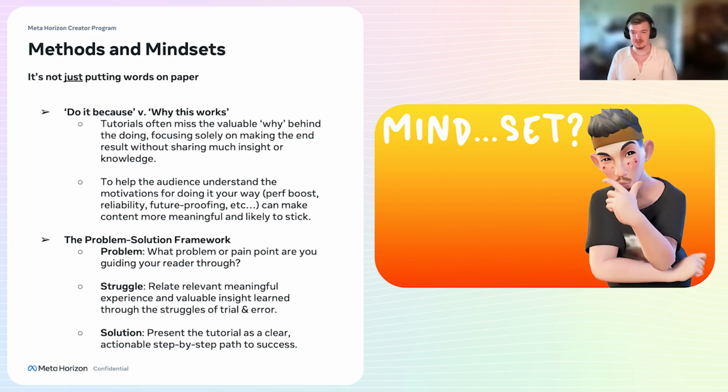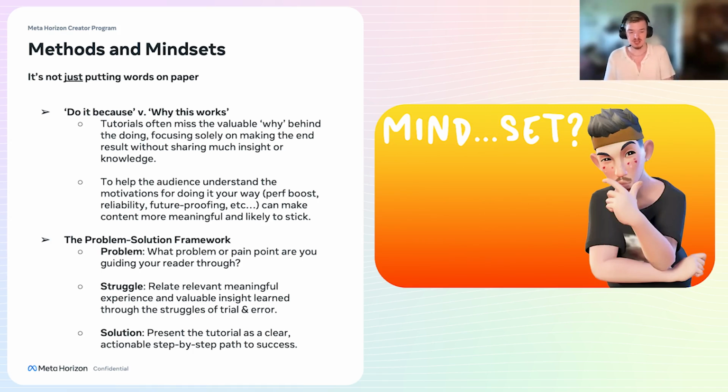Something that we highlighted here is this idea of a problem solution framework, right? The first step is to identify what is the problem that we're trying to solve? What is a common pain point, something that people get stuck on a lot, and how can we overcome that? Then you think about the struggle. If you're writing a tutorial or a guide, you've been there, so you know what to do now, right?